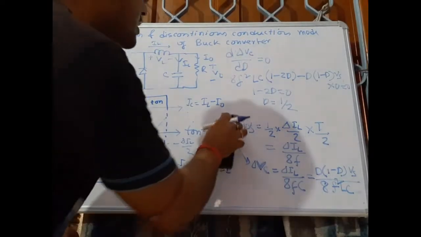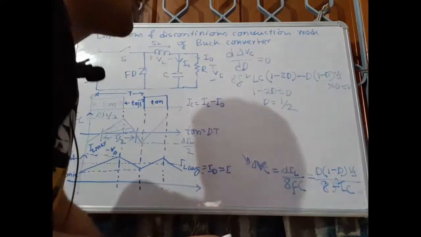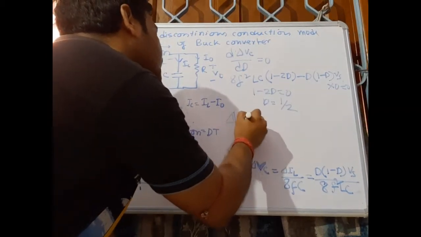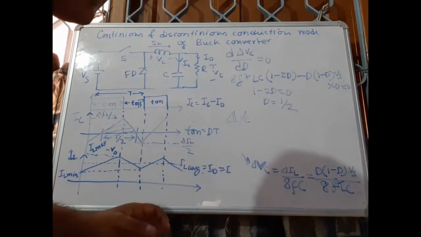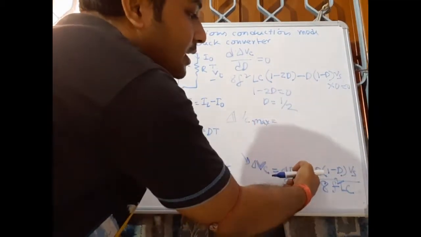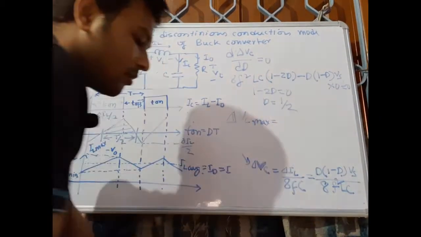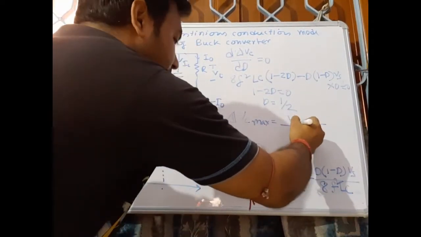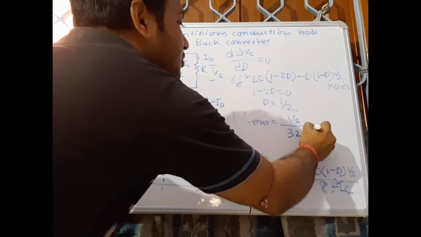So what will be the maximum ripple voltage? If I put D equals half here, ΔVc max will be Vs divided by 32 f squared LC.